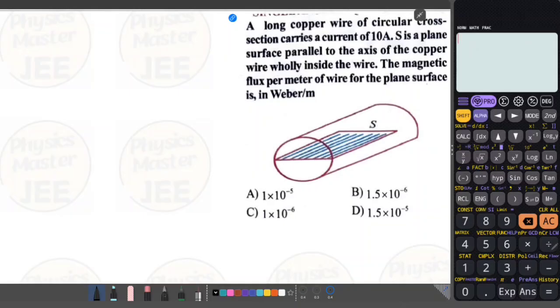We have to calculate the magnetic flux per unit length. That is what we need to find out. We placed it completely inside. The magnetic flux per meter of the wire, right?